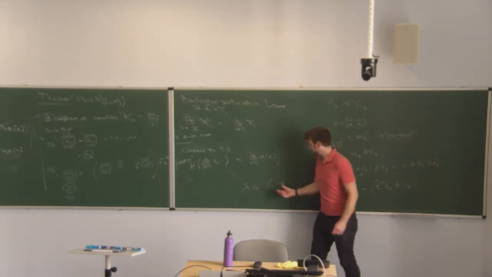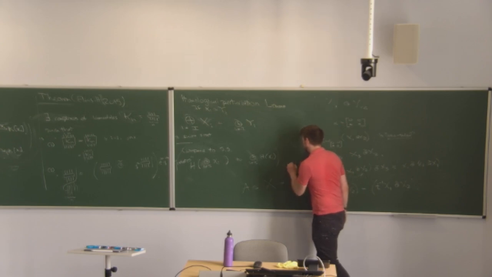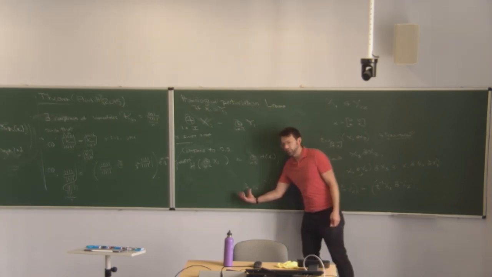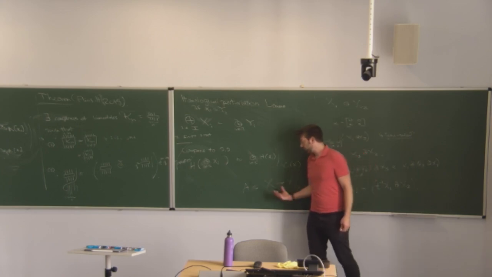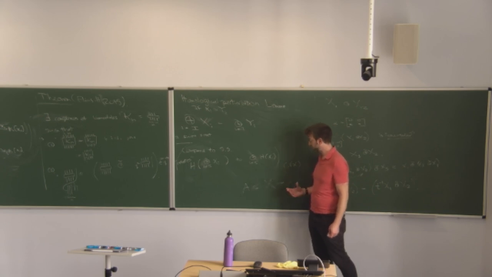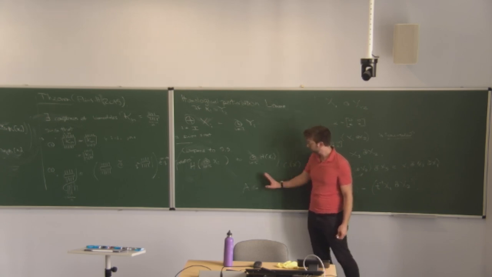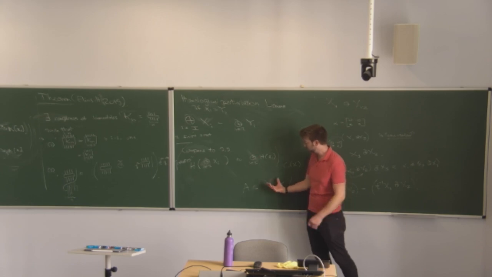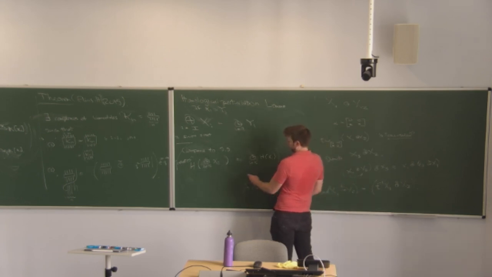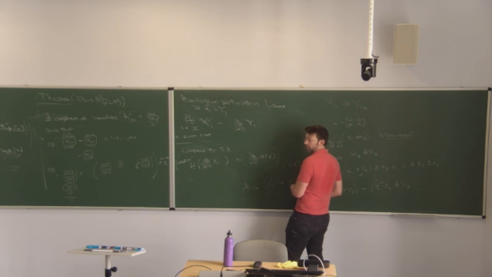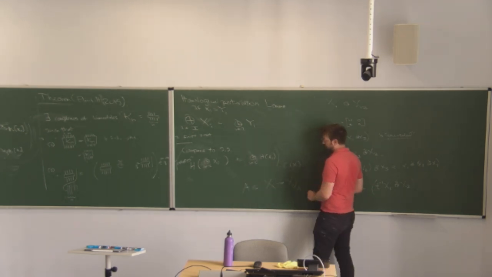And then there's a sense in which the chain complex associated to X is a twisted direct sum of the one associated to A and X mod A. So this is the same kind of thing that appears in this story as well. A cell or whatever, something in the chain complex for X could be thought of as a direct sum of something living in A and something living in the complement of A. And then the boundary map preserves A, but does not preserve X mod A. Anyway, whatever.